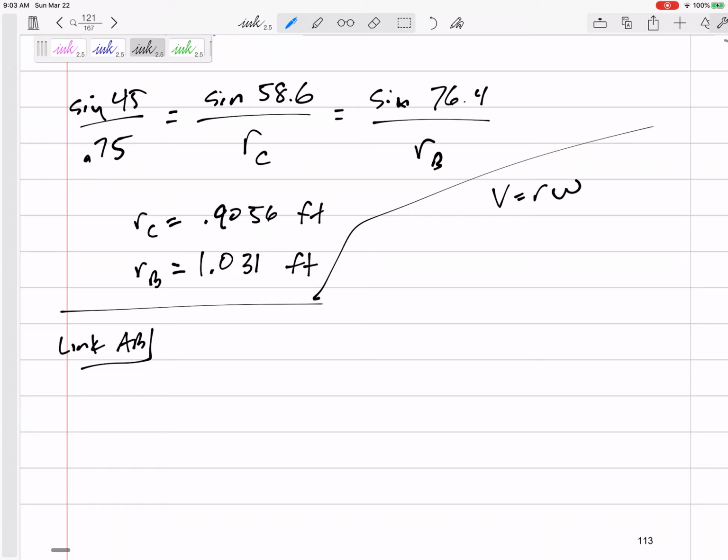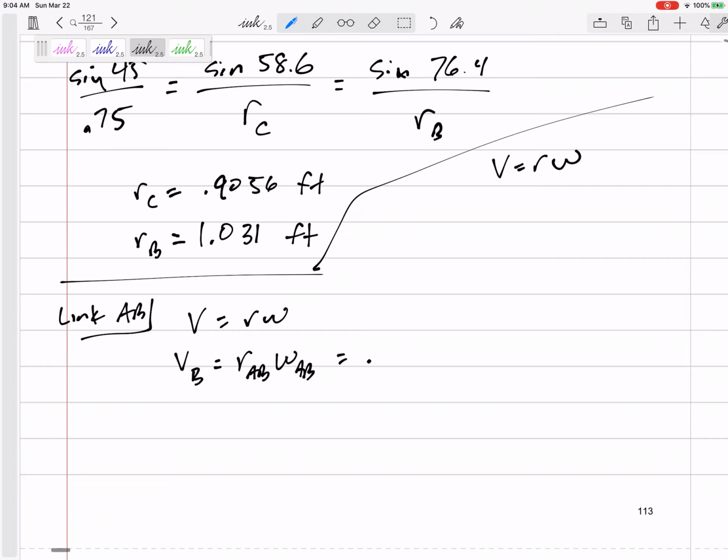I'm looking at link AB, and I know V equals R omega. So velocity of point B would equal R of link AB times omega of AB. This is a length of 0.25 feet and an omega of 10 radians per second.